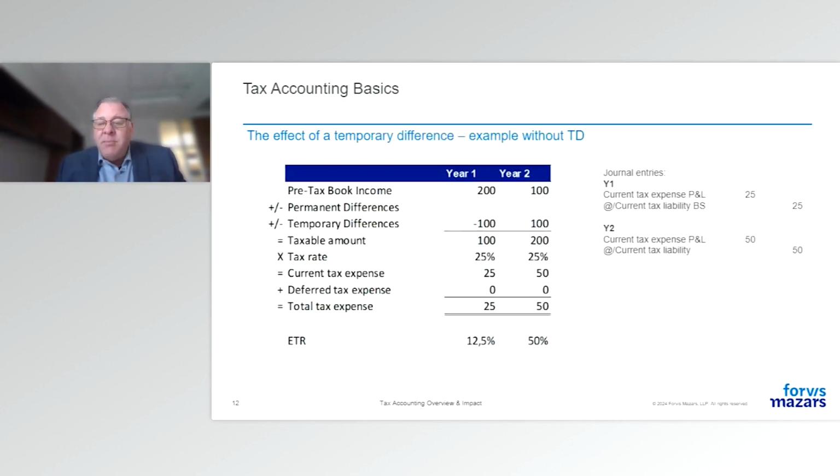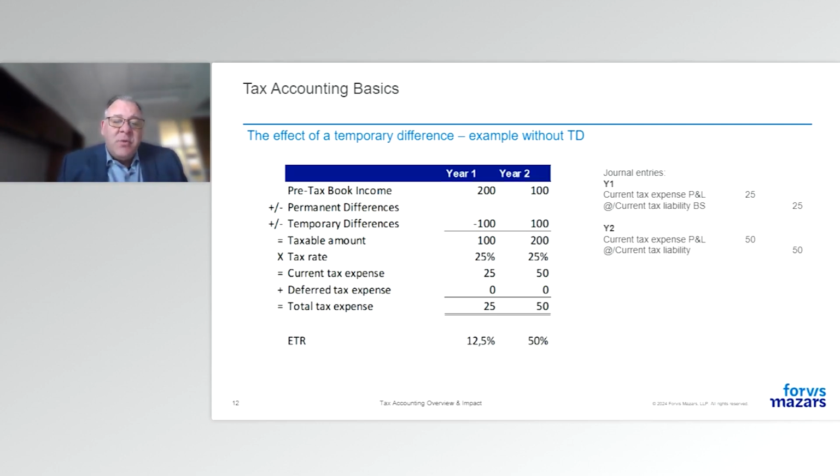We've got one more example, and then we'll have a polling question. This is an example of what is incorrect. The purpose of this example is to show what would happen if you didn't account for deferred taxes or timing differences in the financial statements. Essentially, this calculation says that in the current year, I'm going to pay $25 of tax.